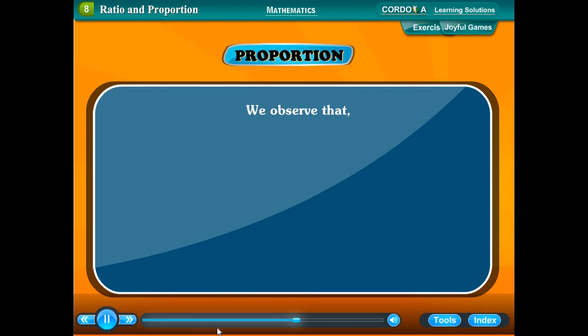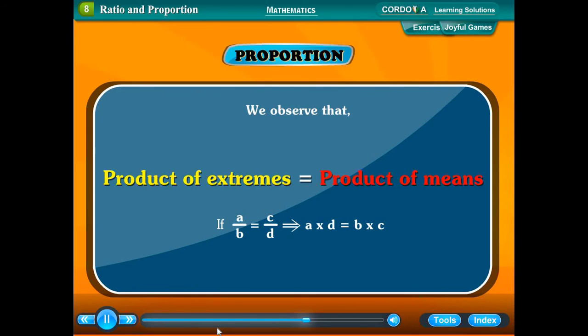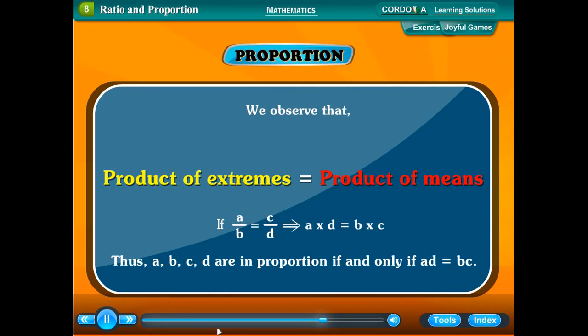We observe that product of extremes is equal to product of means. If A upon B is equal to C upon D, this implies A into D is equal to B into C. Thus, A, B, C, D are in proportion if and only if AD is equal to BC.